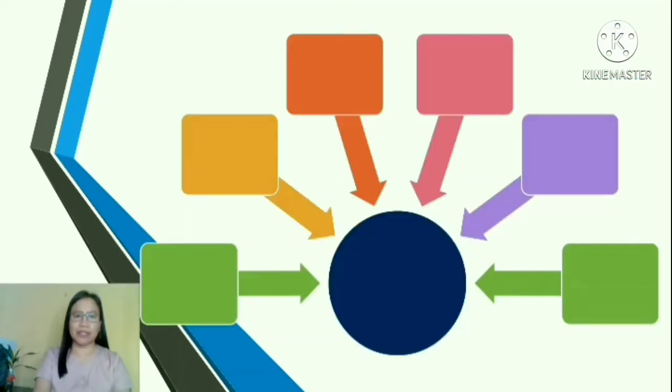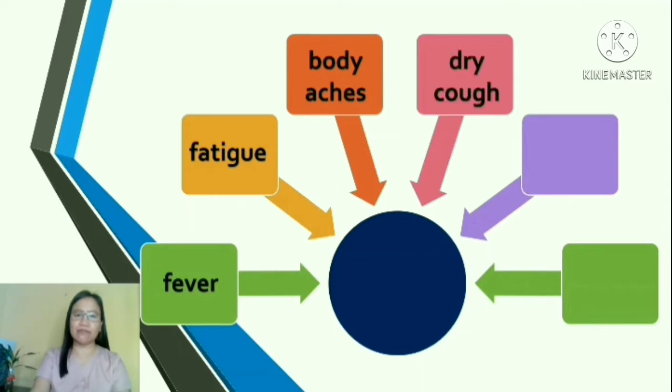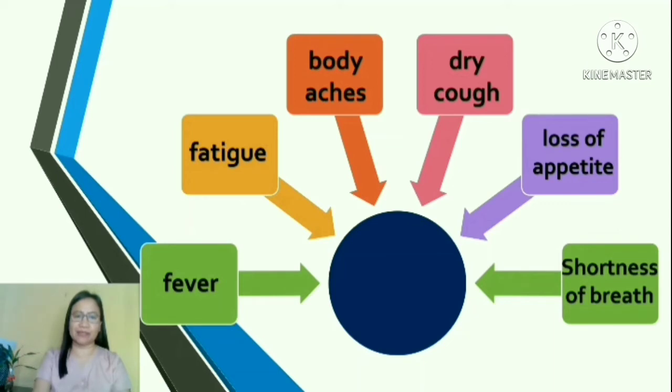Another example is this: fever, fatigue, body aches, dry cough, loss of appetite, and shortness of breath. Are these ideas specific or general? You're right. These are specific ideas. And what is the general idea here?